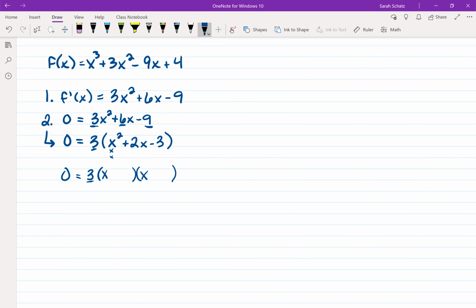It's not part of your factoring problem anymore. So we got the x and the x. I just need to figure out the factors of -3 that add up to +2. So I'm thinking probably +3 and then -1. It makes -3. It adds up to +2. So I'm going to get x plus 3 and x minus 1.